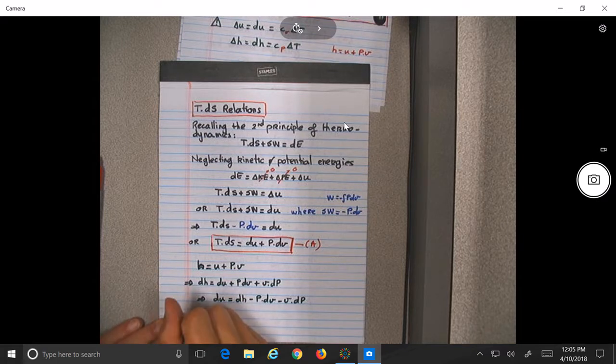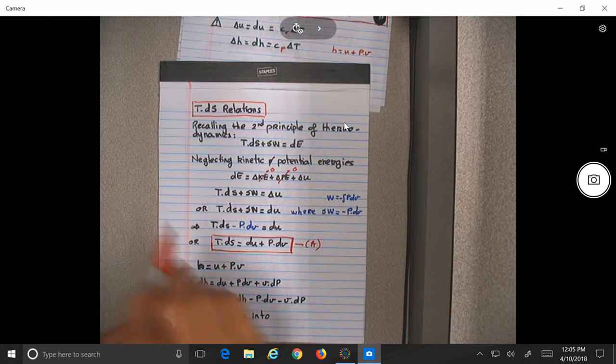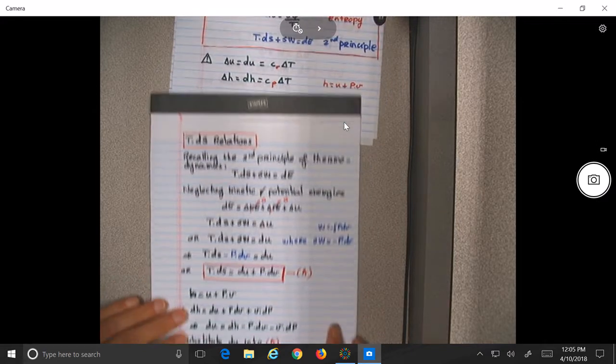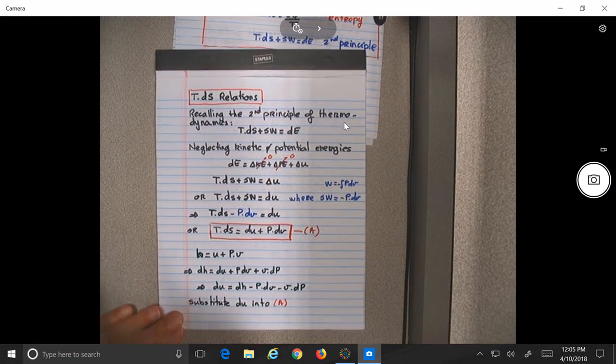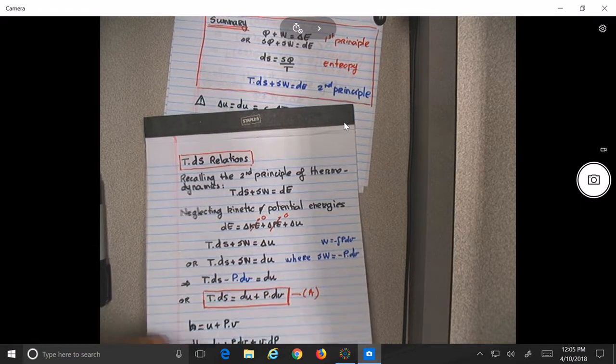So next, if we substitute dU into that big equation A, what are we going to get? Maybe I can start over here and go to the next line. Let me go to the next page.